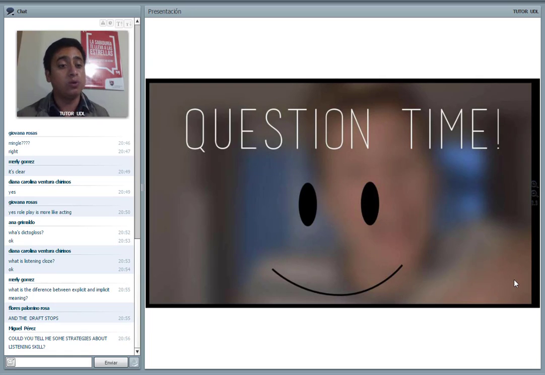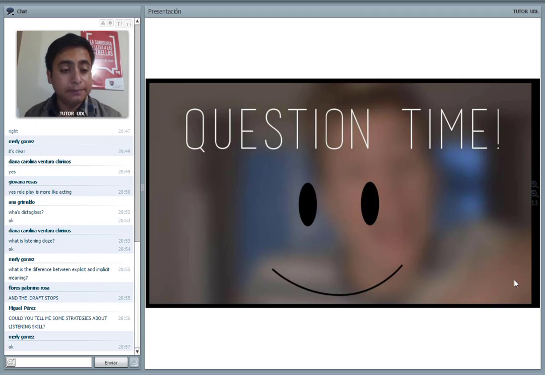Explicit means when you give too many details about a word or give the definition of the meaning. But implicit means when you give some ideas, some clues, in this case some examples, so the students by themselves will find out the meaning. Okay, Merly? Are you satisfied with the answer?